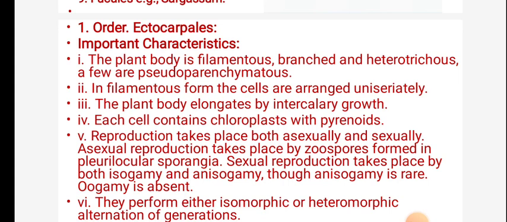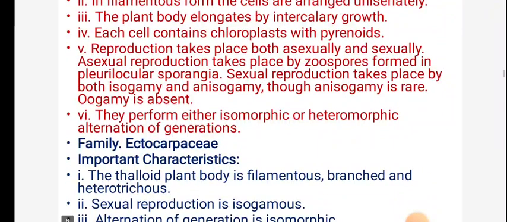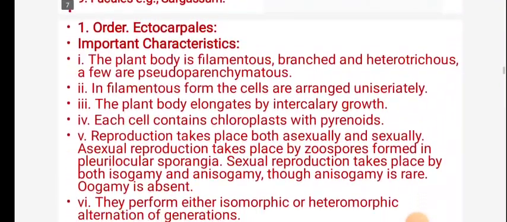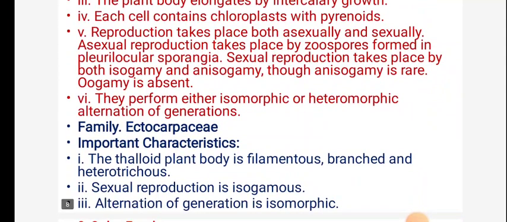The reproduction takes place both asexually and sexually. Asexual reproduction takes place by zoospores formed in the plurilocular sporangia, and the sexual reproduction takes place by both isogamy and anisogamy. So these are the important characters for the Ectocarpales.